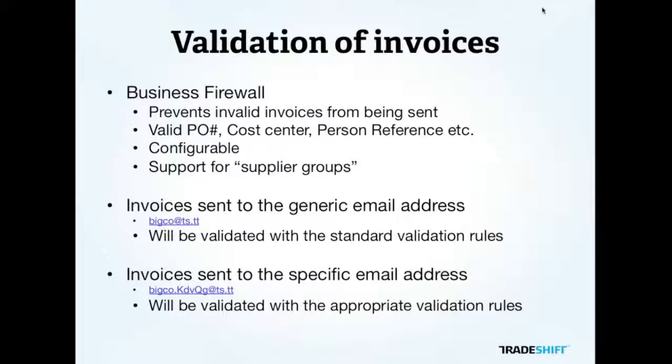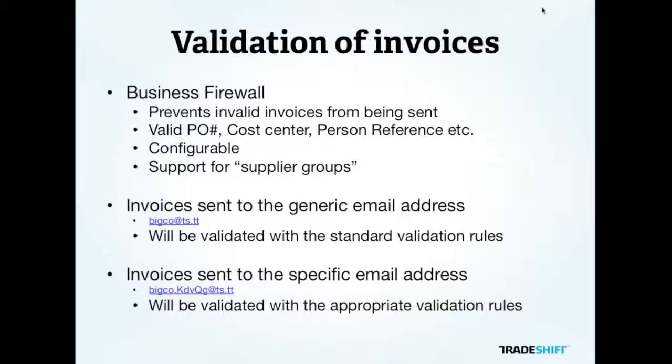So this could be valid purchase order numbers issued to a specific supplier, or it could also just be an open list of purchase order numbers. Could be different combinations of cost centers, person references, etc. So it's very configurable, it's dynamic, so we use your data to do the validation.